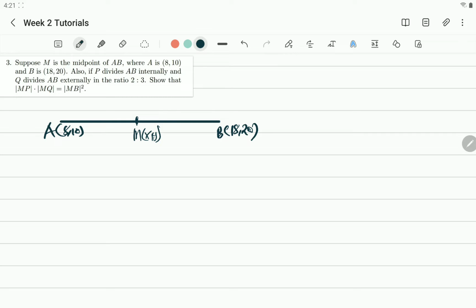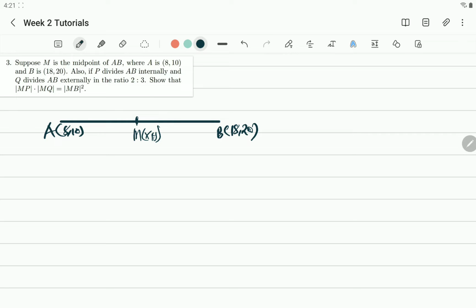And we are told that P divides AB internally in the ratio 2:3, right? So basically from A to 2, because 2 is the least number, so between A and M is where P should be.